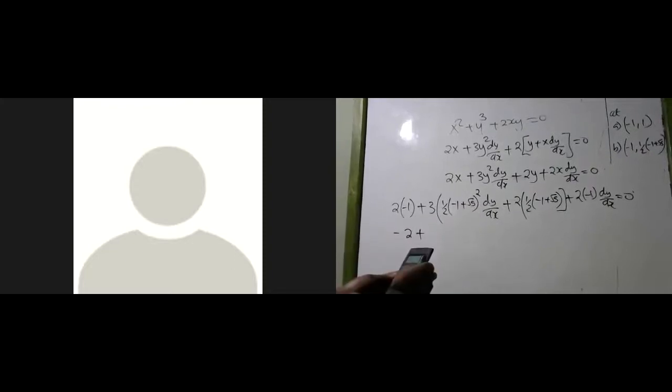So then you use the calculator to put this value. So we have 3 outside, then you open brackets, 0.5, open, minus 1, positive root 5, close, then is square.